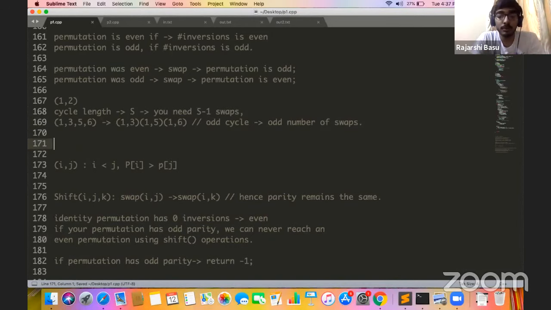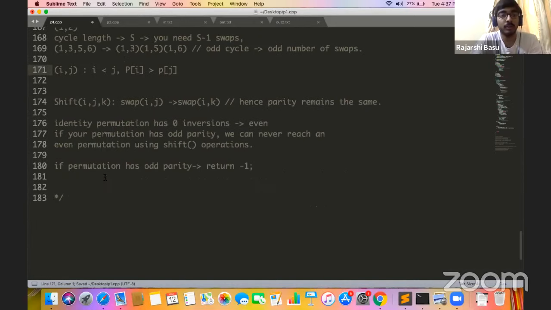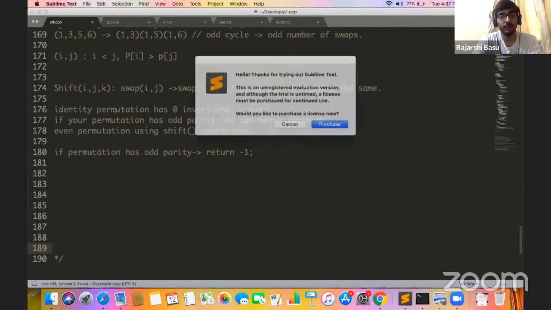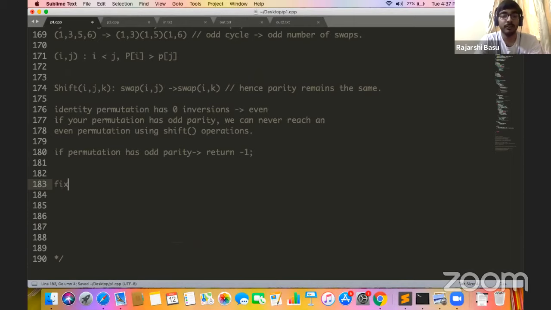Now, what our strategy should be is to fix every cycle separately. There is no reason to mix two cycles, right? Why would you want to mix? You can fix each cycle individually. So there are two cases, right?